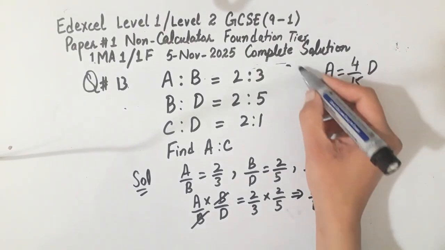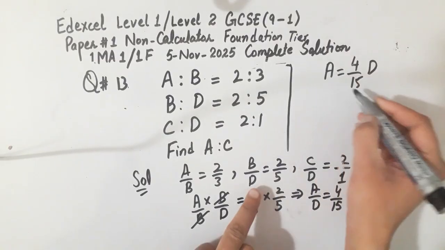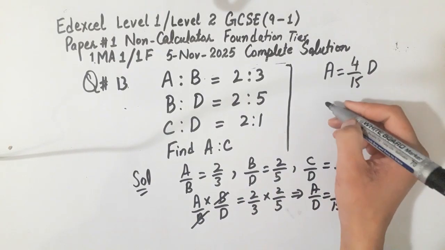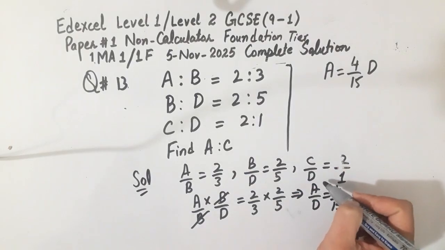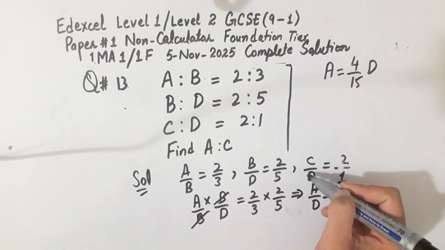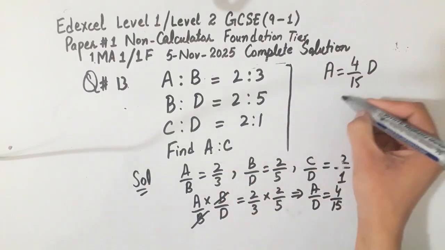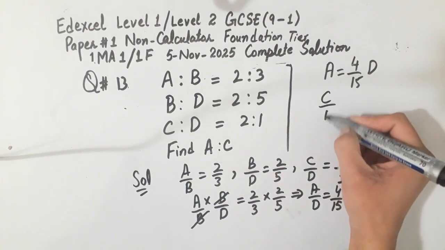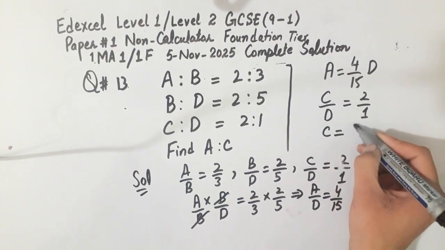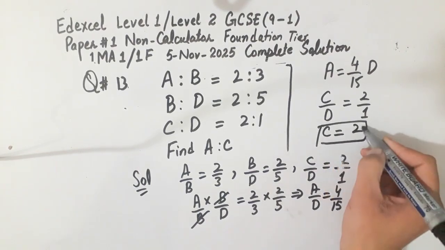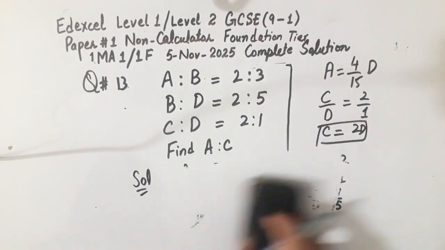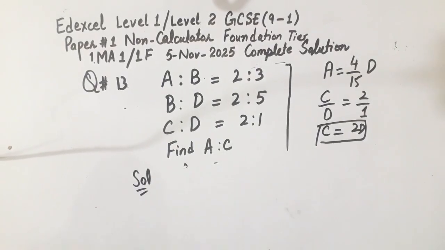Now we have to find the value of C. For this purpose we will solve this from the third ratio C by D, that will equal 2 by 1. So the value of C is 2D. So you know the value of A and C. So how we will solve this?